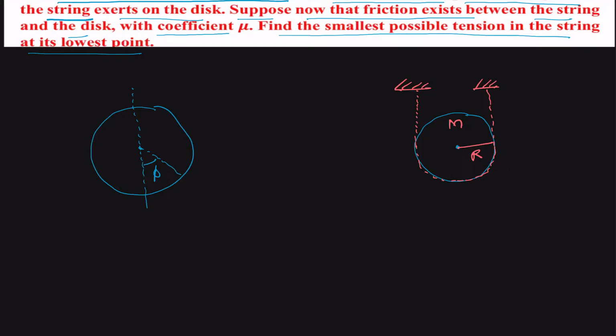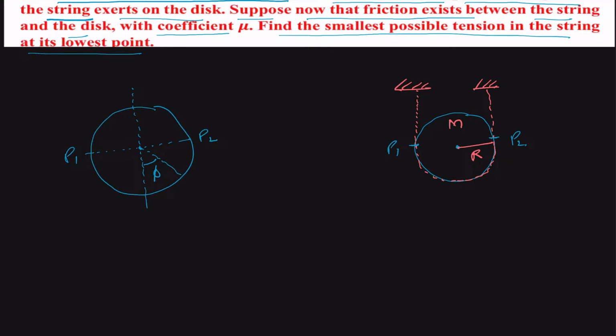So it means this is one extreme of the string. Let us call this as our P1, and this is the other extreme P2. Okay. So we can just approximate that this is our P1 and this is our P2.